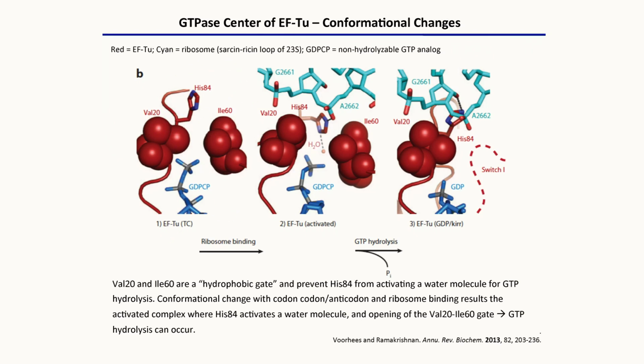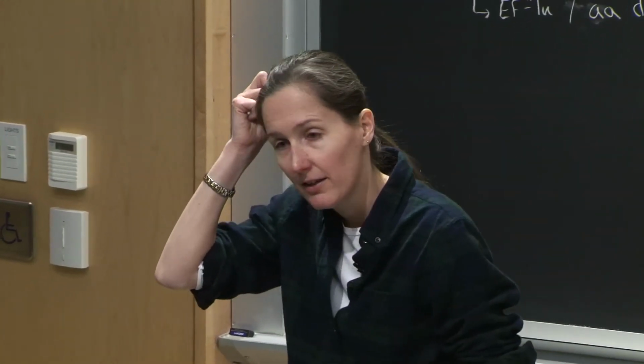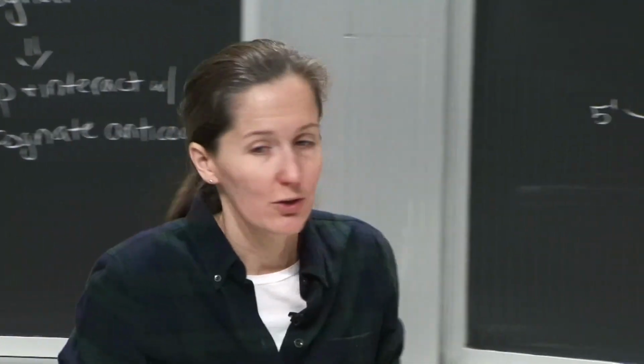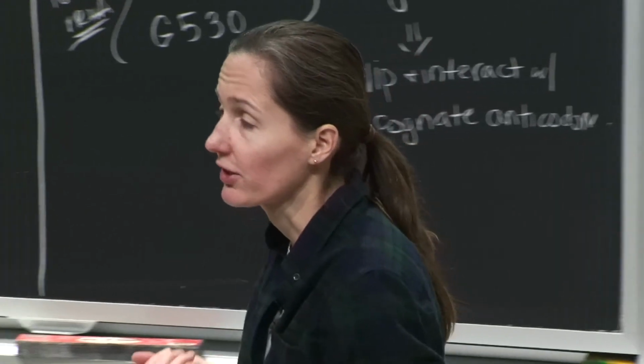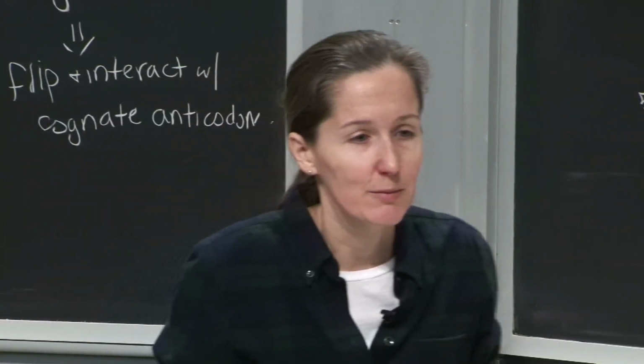And what is this? GDPCP. What we have there is a non-hydrolyzable GTP analog. These types of molecules are very helpful in terms of getting structural information, in terms of doing certain types of biochemical experiments.